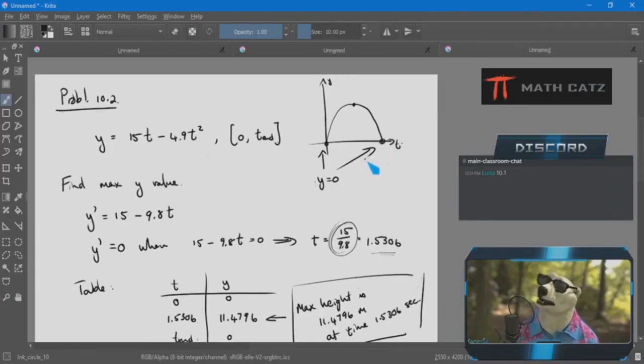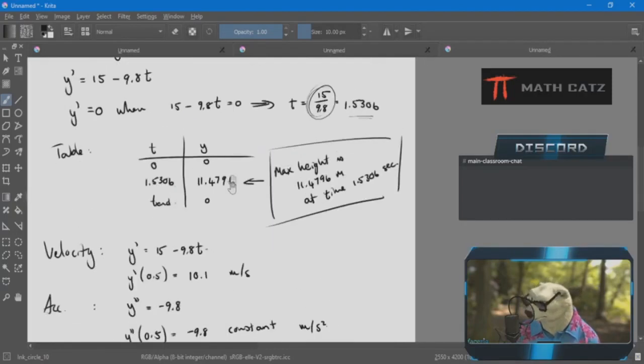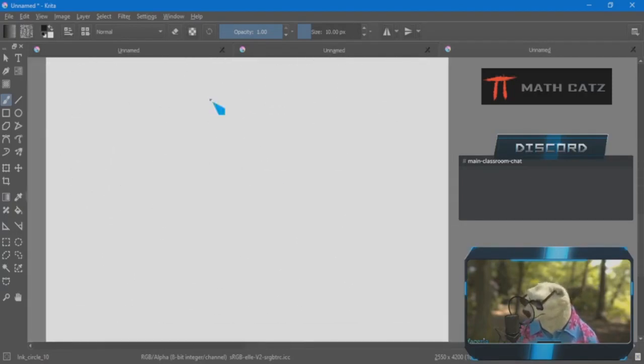But I also know that it's when the height of the cannonball is 0 again. So by setting y equal to 0, I'll find the end time as well. So let's do that in our last 5 minutes. So this is now C. Set y equal to 0 and solve.